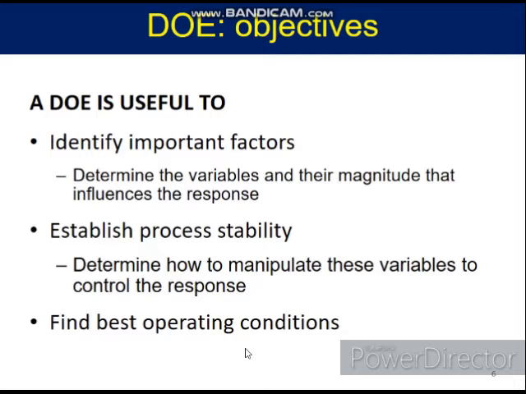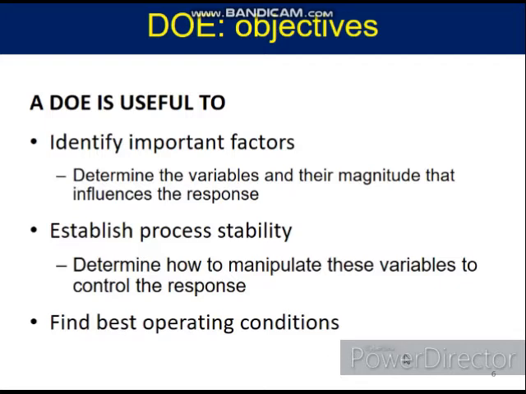For example, in our example just now, what the amount of flour, number of eggs, and baking temperature should be in order to achieve the softest bread possible within that operating window. So it will tell you the best operating conditions.